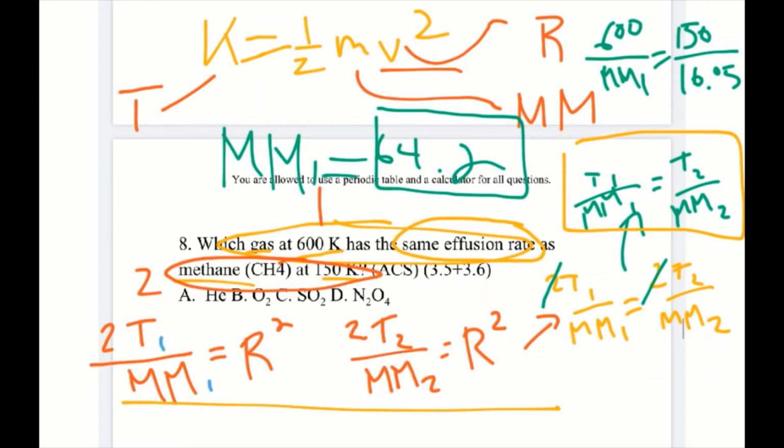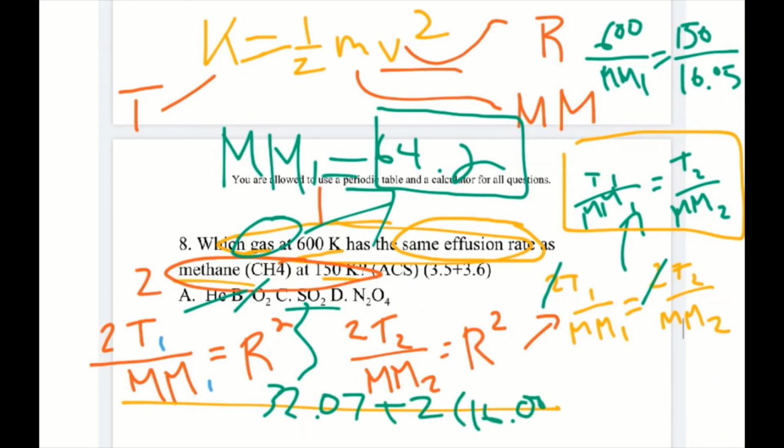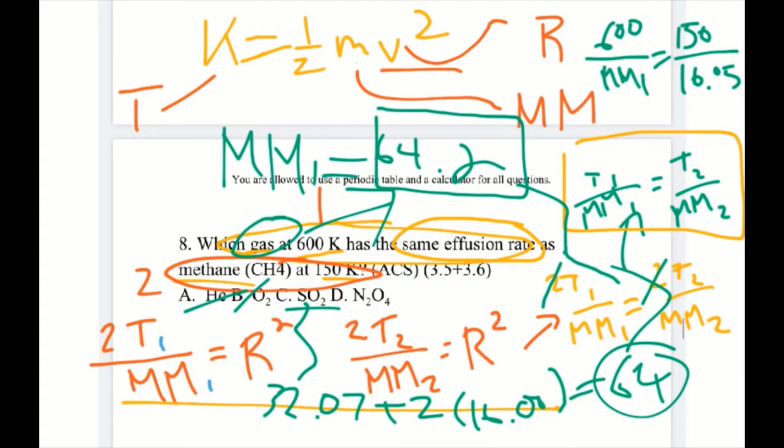So this substance or gas has to have this molar mass. So not helium, not oxygen. Now sulfur dioxide has a molar mass of 32.07 plus 2 times 16.00. And doing the math, you get 64, and 64 is really close to 64.2.